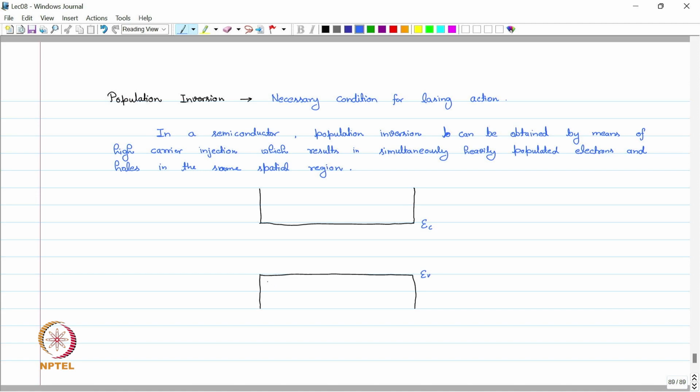In the normal case we have so many electrons available in the valence band.